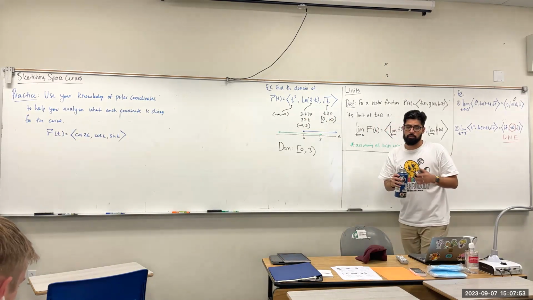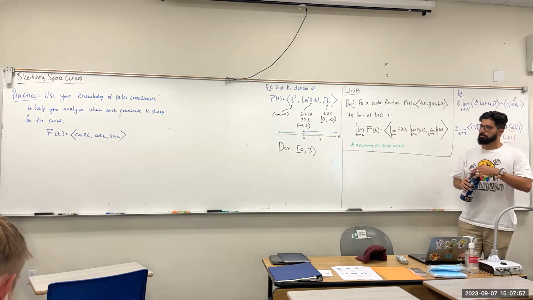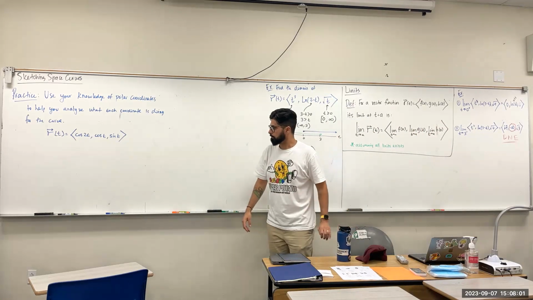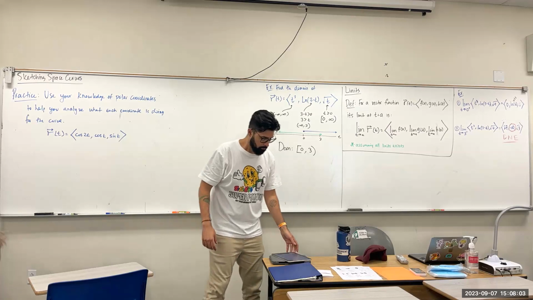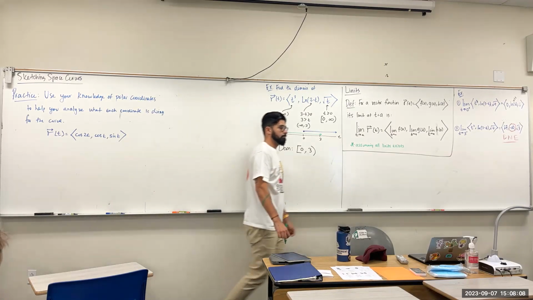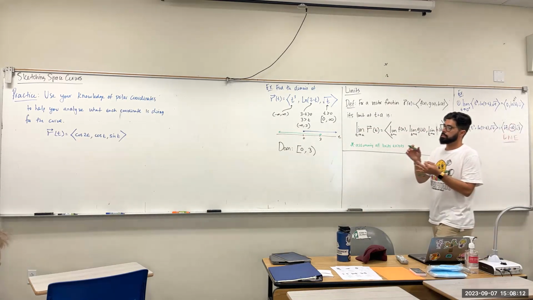So we'll put our brains together and see what might happen. It's cosine 2t, cosine t, and sine t.